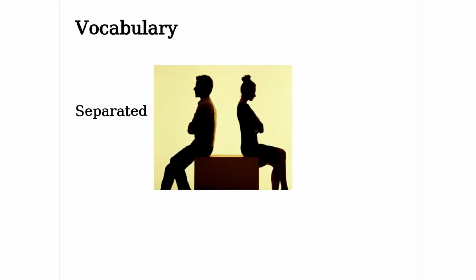Okay, so let's go for some new words or vocabulary. What do you think about the word separated? What does it mean? Yes, you see the picture, you will understand the word separated. Yes, it's a funny picture, but the word is very shocking.